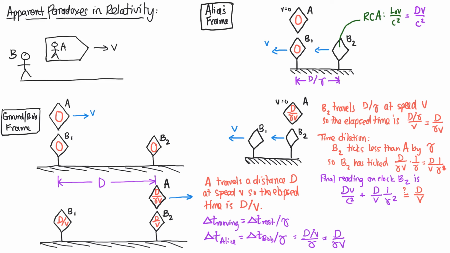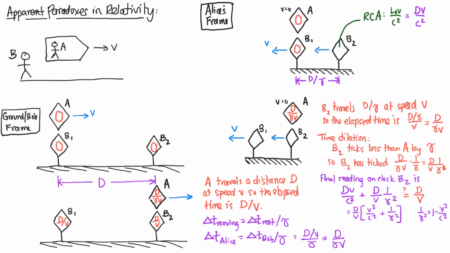So we can play this game by first factoring out a d over v, which leaves us with v squared over c squared plus 1 over gamma squared. And if you recall, 1 over gamma squared is just 1 minus v squared over c squared.